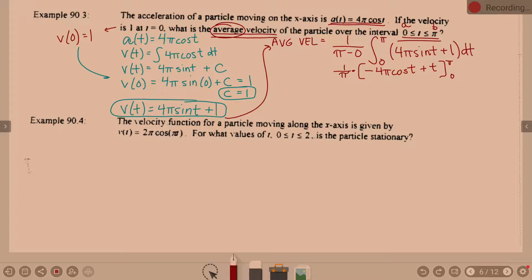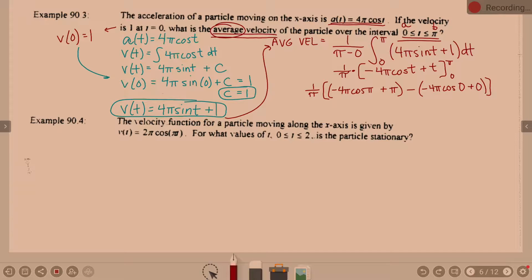Okay, guys, the 1 over pi I'm going to keep out front. First, I am plugging in pi. So negative 4 pi cosine of pi plus pi, minus, and now I'm going to plug in negative 4 pi cosine of 0 plus 0.